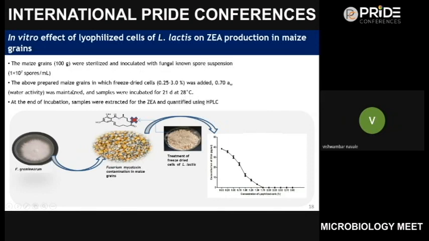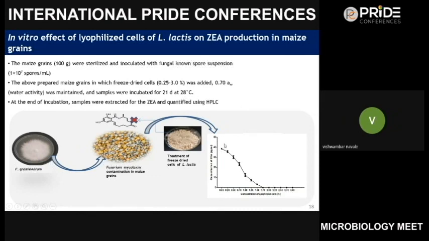Above the maize grain, we used freeze-dried Lactococcus lactis cells at about 0.25 to 3% in this experiment, and water activity was maintained around 0.70. This was incubated for 21 days, because toxin production starts after 7 days of incubation, but still we monitored it up to 21 days. After the completion of the incubation period, we extracted the zearalenone and quantified it using HPLC.